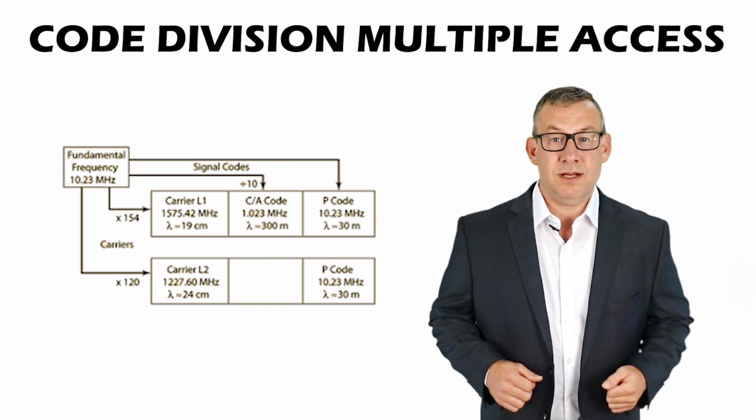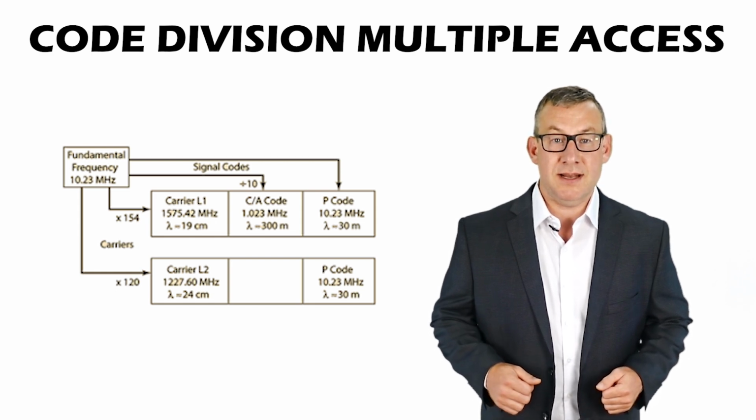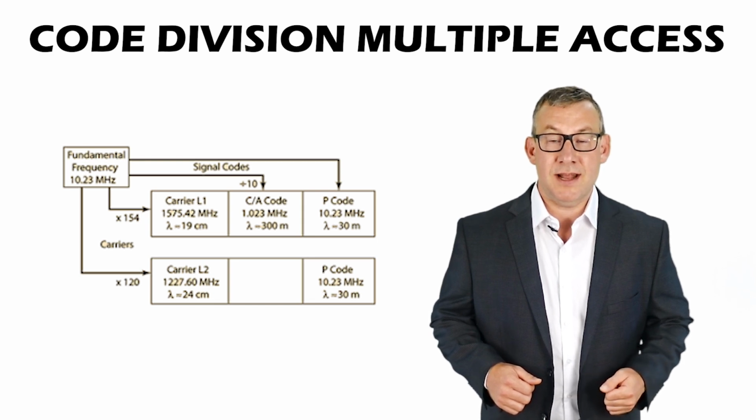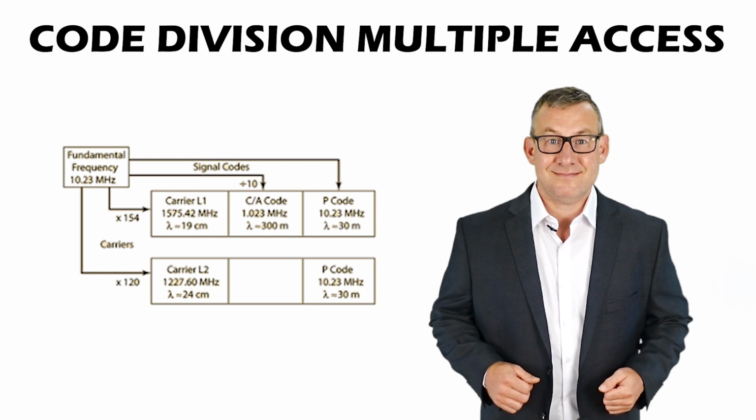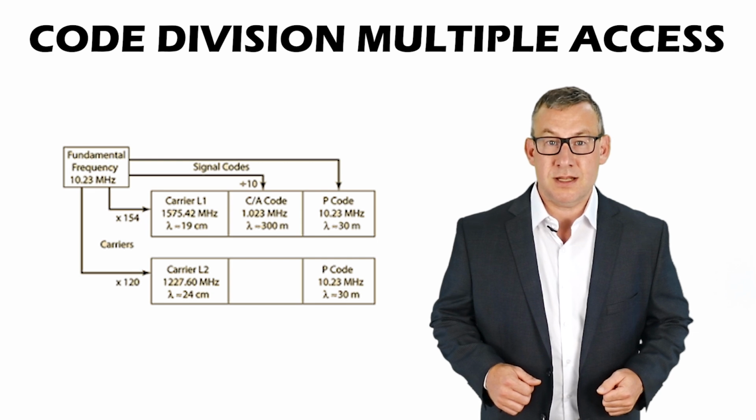Many types of data from different sources can be sent on the same frequencies used by GNSS receivers. This is possible due to the coordination among different GNSS systems. Code division multiple access is also used in cellular phone communications.